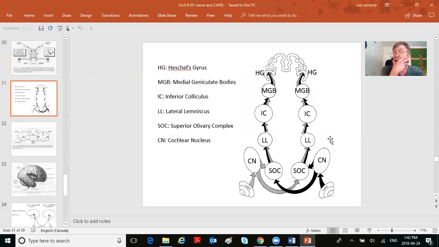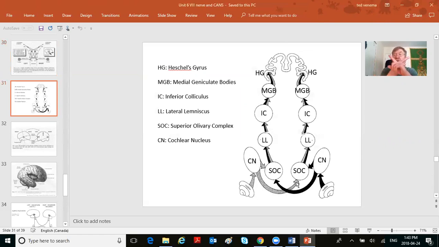Here's another schematic. You can look at it this way. They've enlarged the brainstem and they made the cortex of the brain really small, just to highlight these pairs of nuclei. Here's your cochleas, eighth nerve, cochlear nucleus, and then look at this, to the ipsilateral superior olivary complex and the contralateral. See? Ipsi, contra. Same here, ipsi, contra.